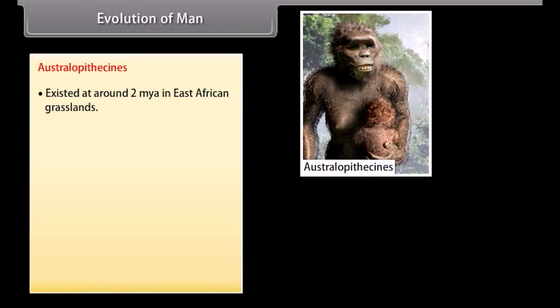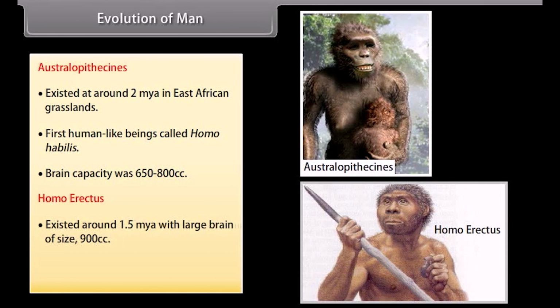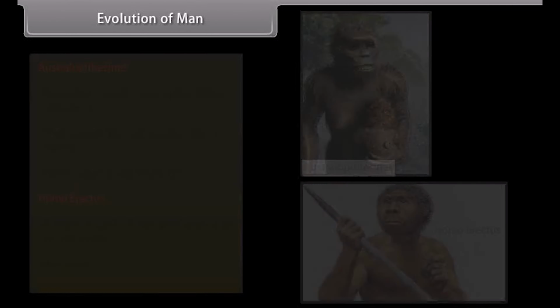Australopithecines existed at around 2 million years ago in East Africa grasslands. First human-like beings, called Homo habilis. Brain capacity was 650 to 800 cc. Homo erectus existed around 1.5 million years ago with large brain of size 900 cc, ate meat.